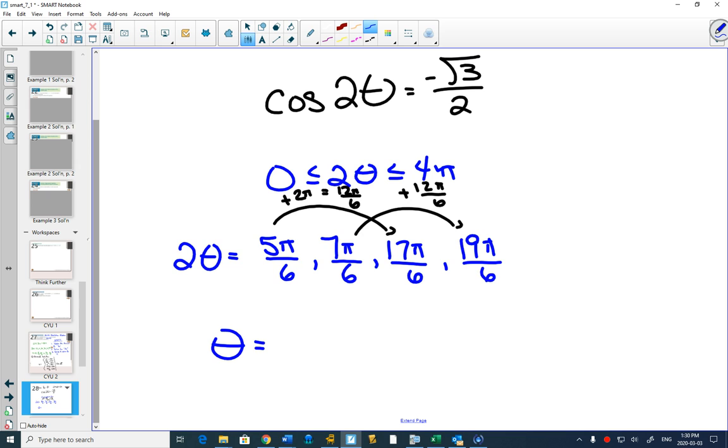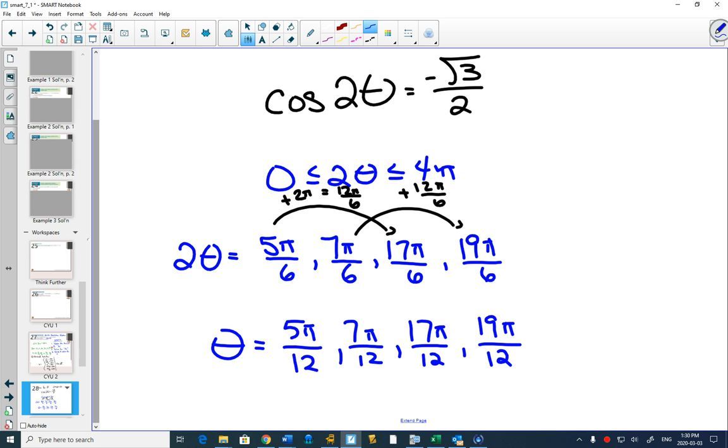Do you know that dividing by 2 is the same as multiplying by a half? And if I multiply by a half, math is going to be easier than dividing, because then I just have to multiply 5 pi times 1 and 6 times 2. In fact, I'm just multiplying my denominator by 2. Quick mental math.